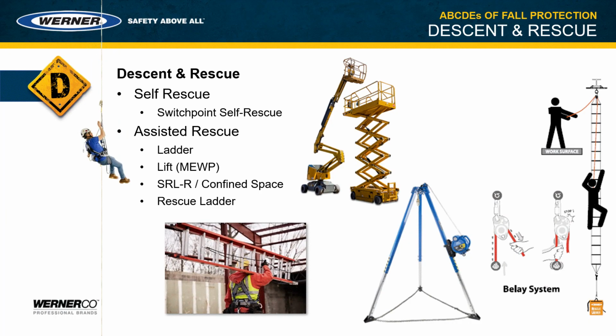Self-rescue methods include a person climbing back onto the structure safely or using self-rescue equipment like the switch-point rescue system. Self-rescue is identified by the rescue subject doing it all themselves and no one else is at risk. Assisted rescue methods are co-workers or rescue people that facilitate the rescue but at a minimum risk to themselves.